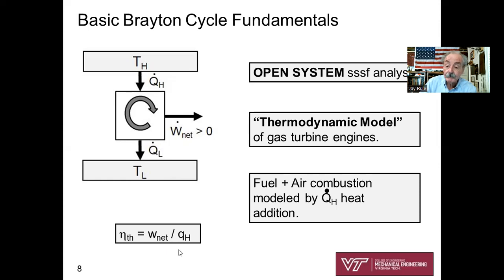And then finally, remember the thermal efficiency of the cycle is the energy sought over the energy that costs. And if we divide everything by m dot, we simply get the thermal efficiency is little W net divided by little QH.